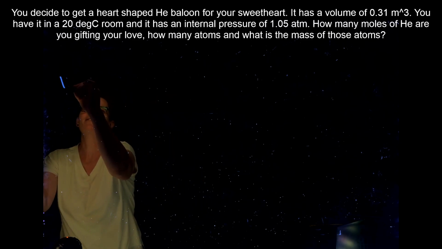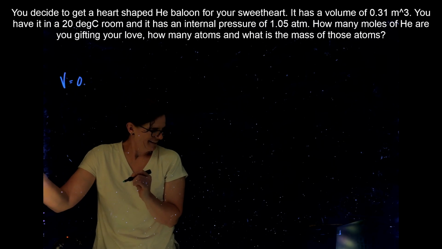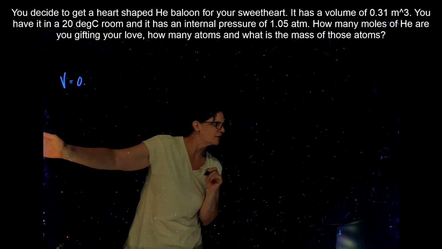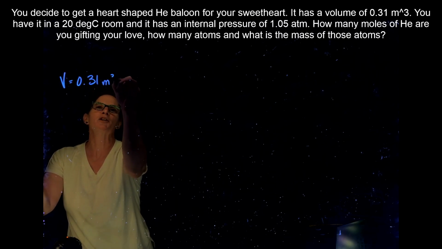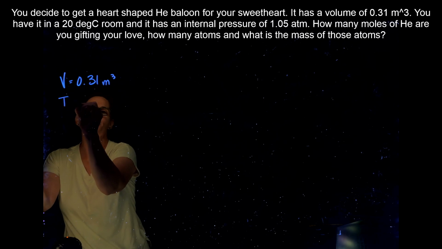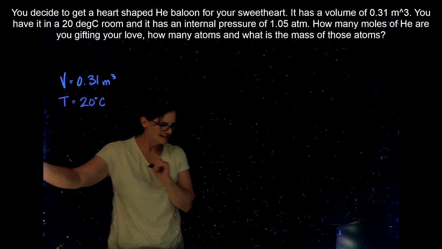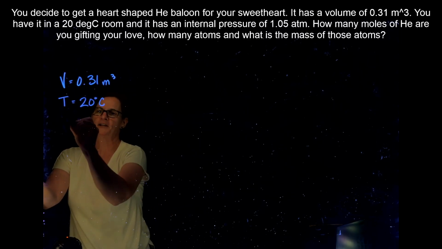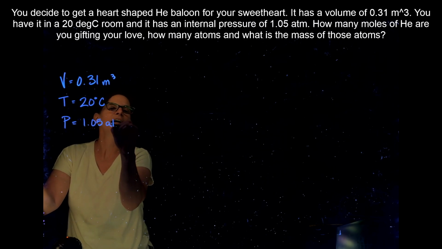We know that the volume of our balloon is 0.31 meters cubed. The temperature that we have that balloon at is 20 degrees Celsius. The pressure on the inside of that balloon is 1.05 atmospheres.